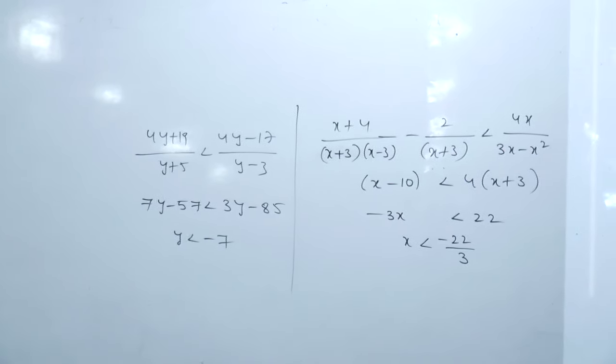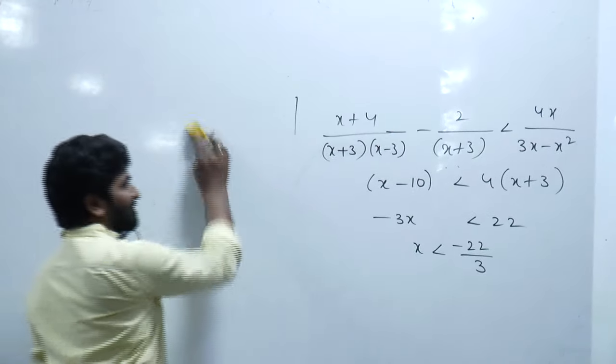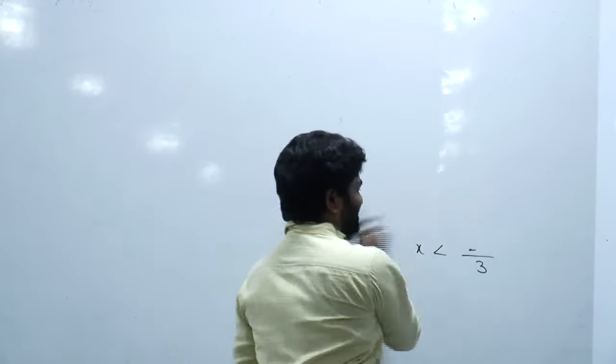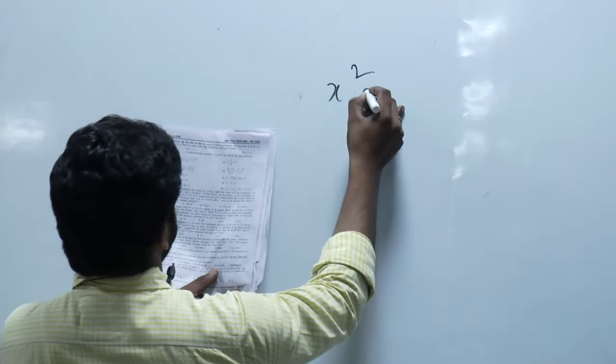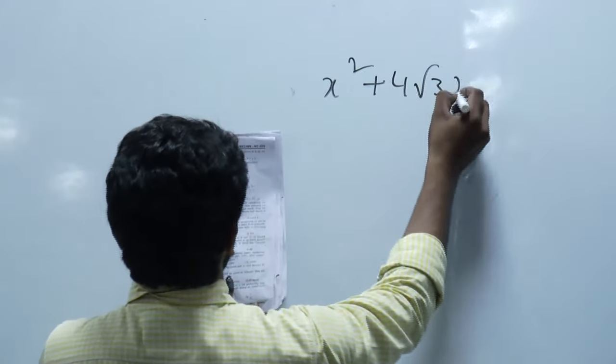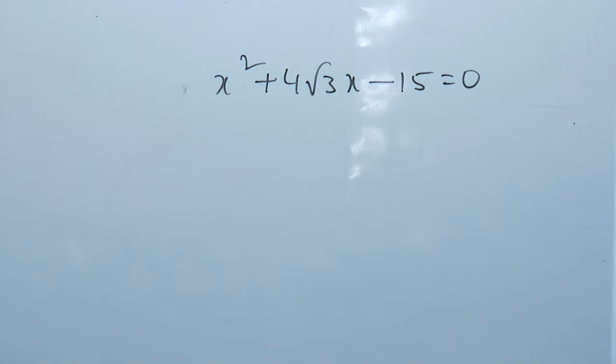38. The x value: x² + 4√3x - 15 = 0. So the product of a and c should be -15, I think. Yes or no? Right. First let me write the combination here.